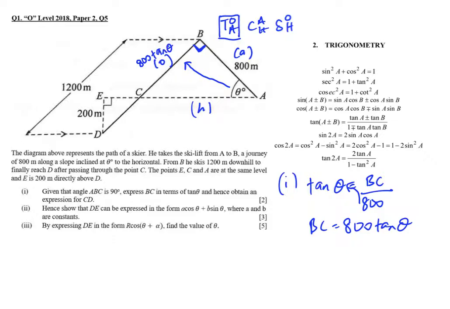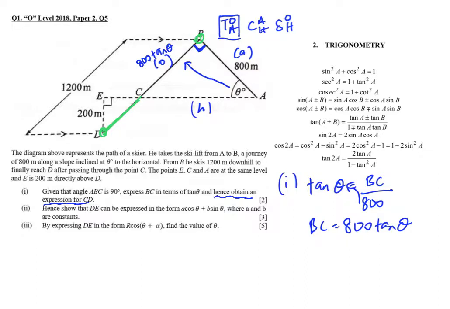And the next part of part 1 is asking us, hence, obtain an expression for CD. So CD is basically this green line right here. In the question, they have mentioned that from point B to point D is a total distance of 1,200 meters. So to find CD is basically just a subtraction of 1,200 and 800 tangent theta.